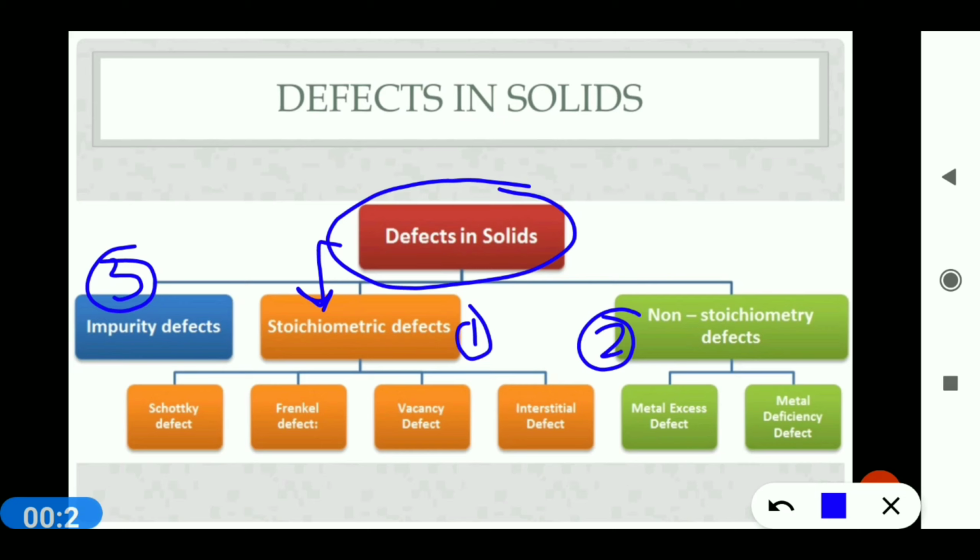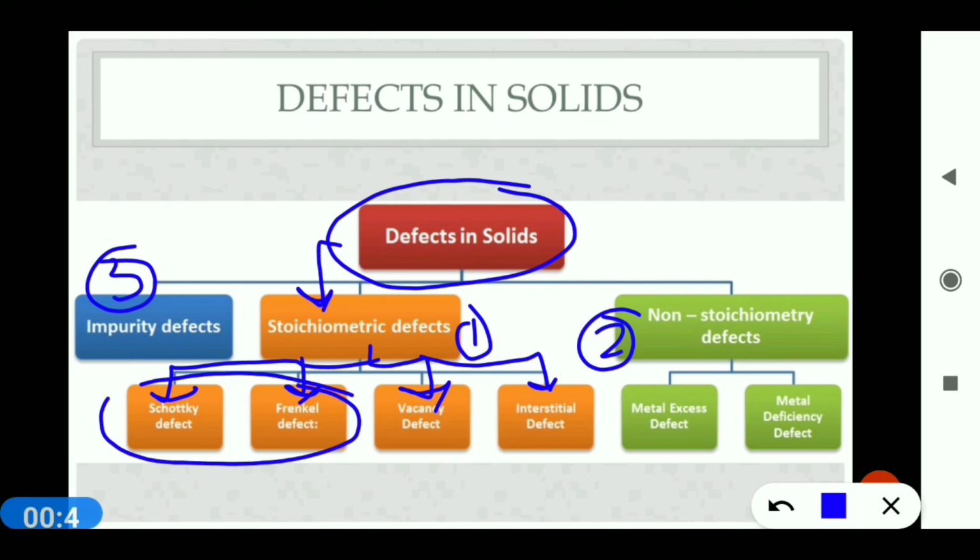Stoichiometric defect is again classified as vacancy defect and interstitial defect, which occur in non-ionic compounds, and Schottky defect and Frankel defect. It occurs in ionic compounds.